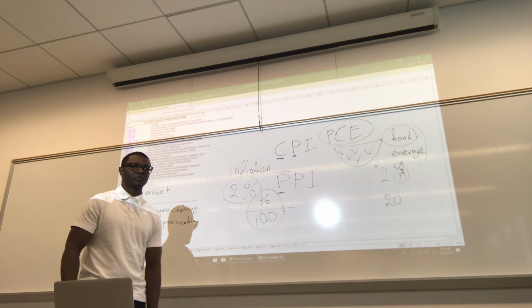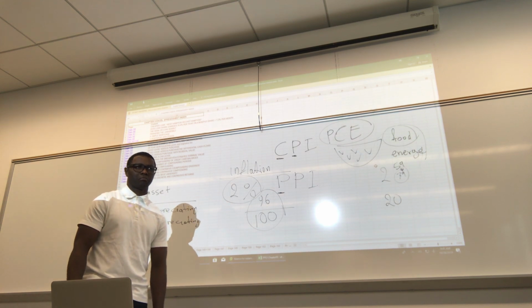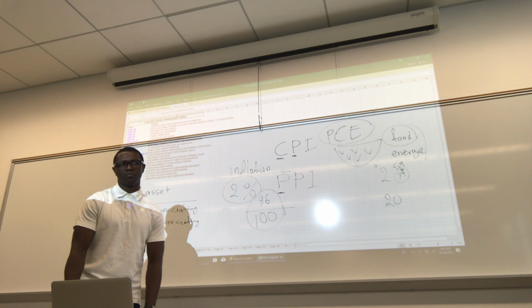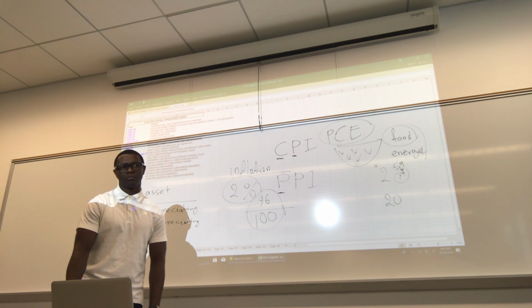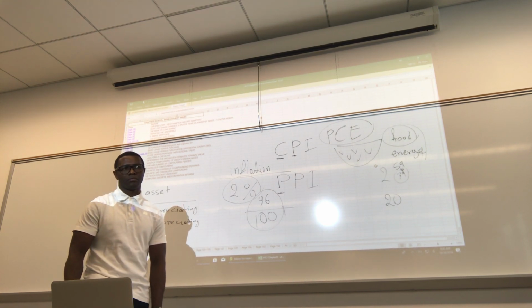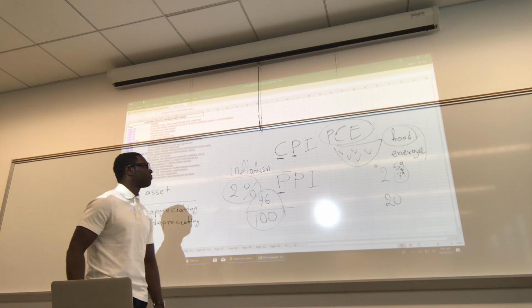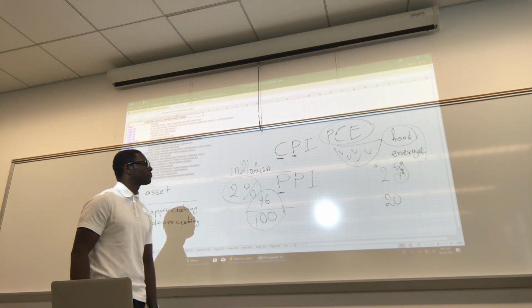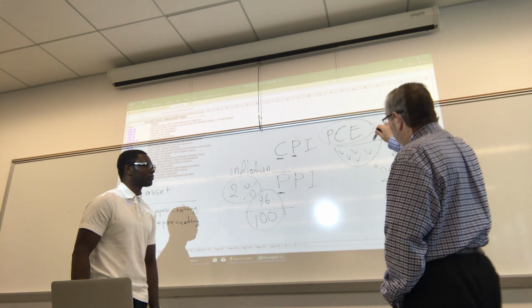The Fed is using personal consumption expenditures, which means what I want to know from him by tonight. What is the difference between personal consumption expenditures and the consumer price index? And why does the Fed prefer one versus the other? Is there anything that makes it different?